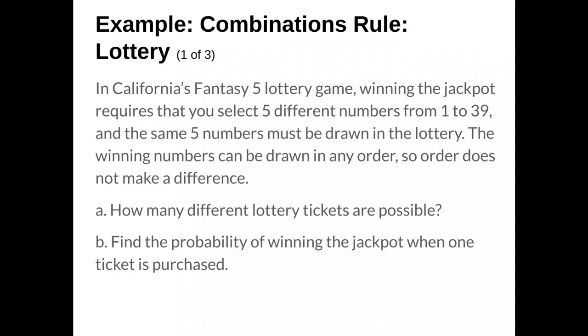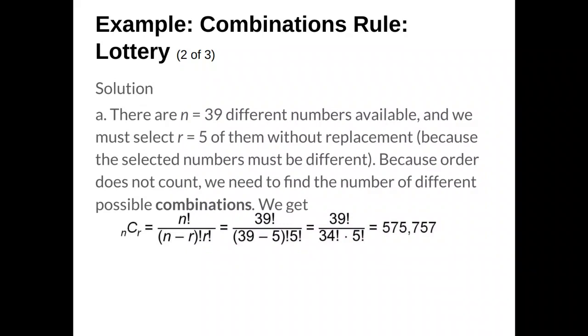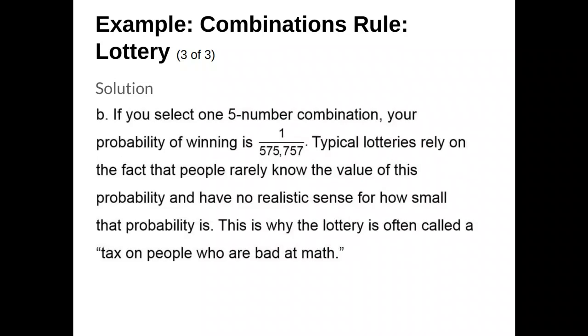We hit enter, and we get 575,757. So there are that many different ways to choose 5 items from 39 items. Now, the probability that we win is simply 1 over 575,757. It's easy.